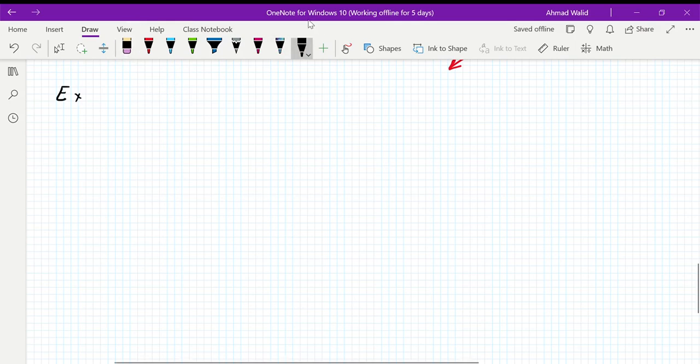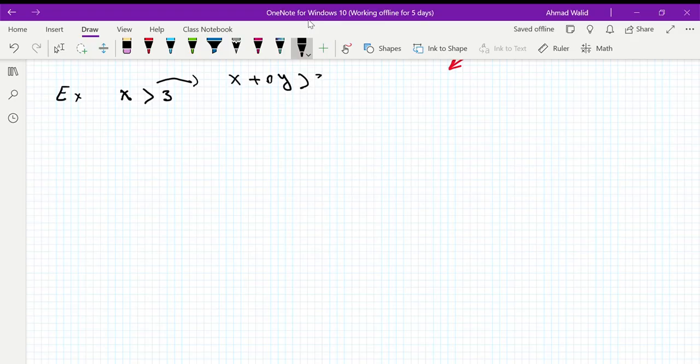For example, let's say x greater than 3. A very simple one. You may ask me where is y. To see the complete form of this one, this is x plus 0y greater than 3. Correct? That's why you can see.